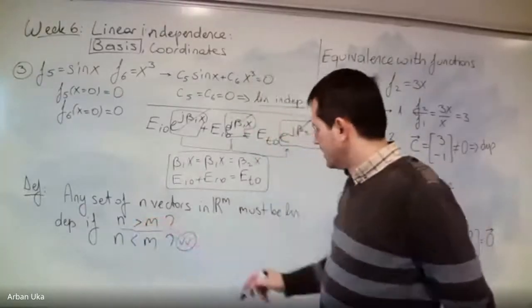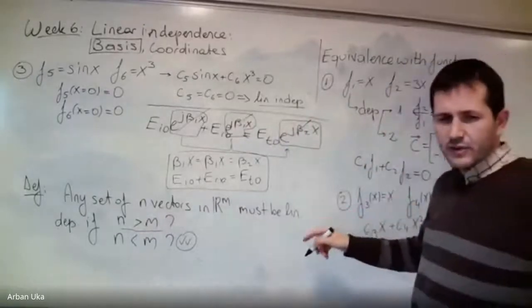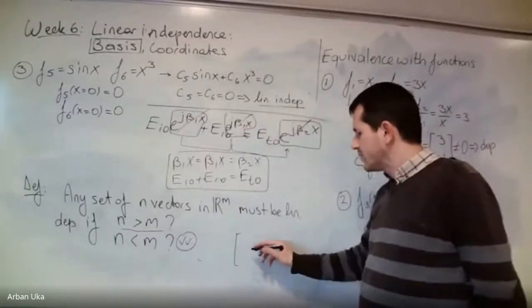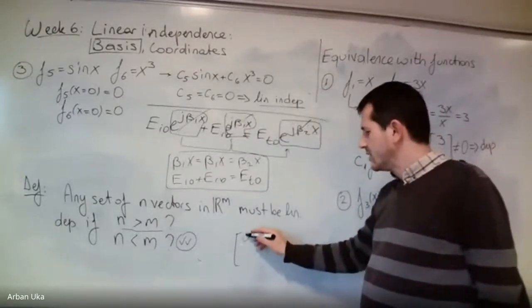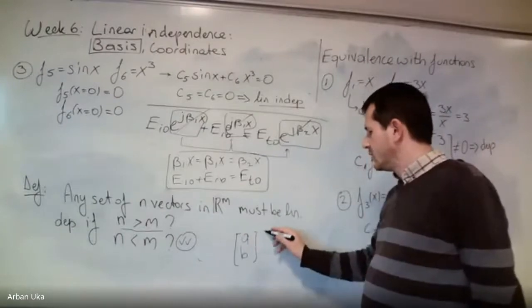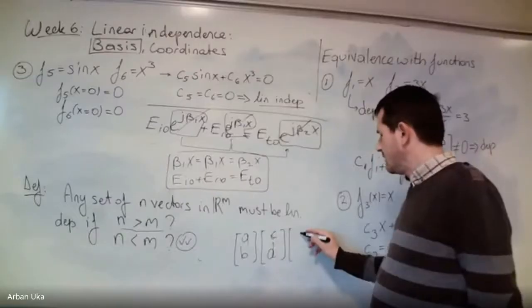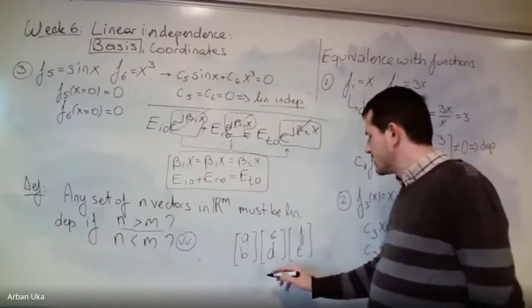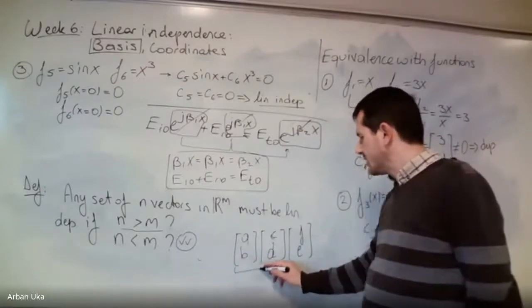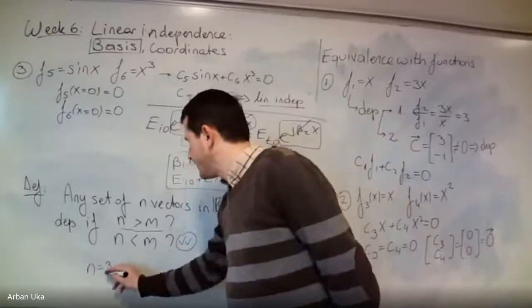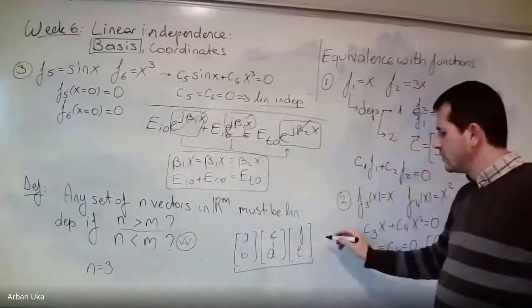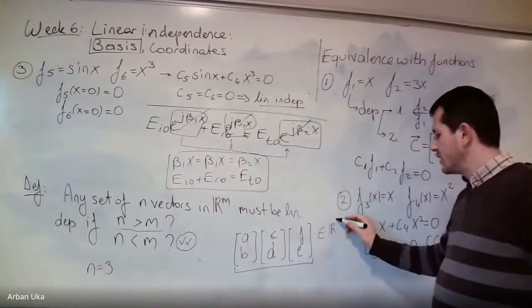Yes. Larger than m. So let's see, before a few minutes, we wrote three vectors which were part of R2. So we wrote here AP, right? We wrote also FP and FE. And we said that we have three vectors, right? So here n is equal to 3. For this specific case, all of these are members of R squared, okay?